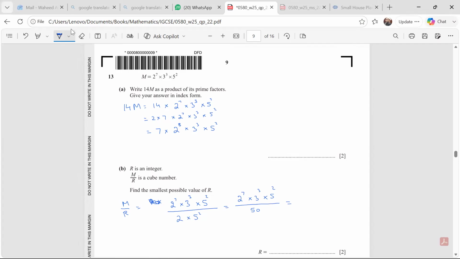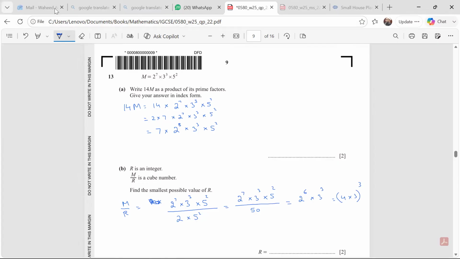I will get 2 to the power 6 and 3 to the power 3, which is the same as 2 squared, which is 4, times 3 to the power 3. So this is a cubic number now. Okay, I hope it's clear.